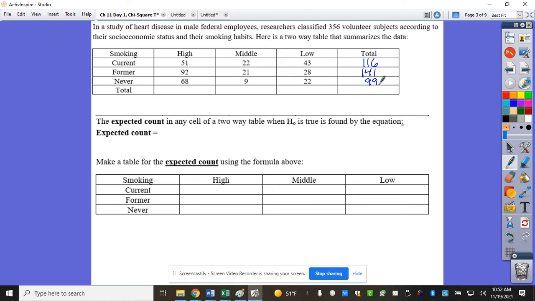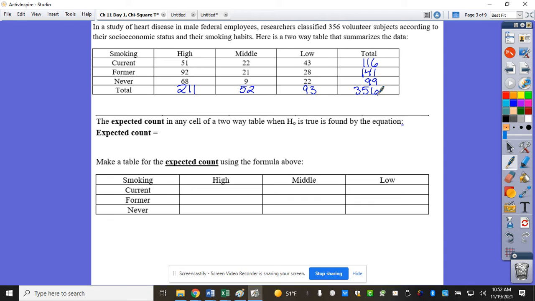What do I have for my high total? What's my middle total? 52. And low total? For an overall total of? 3.